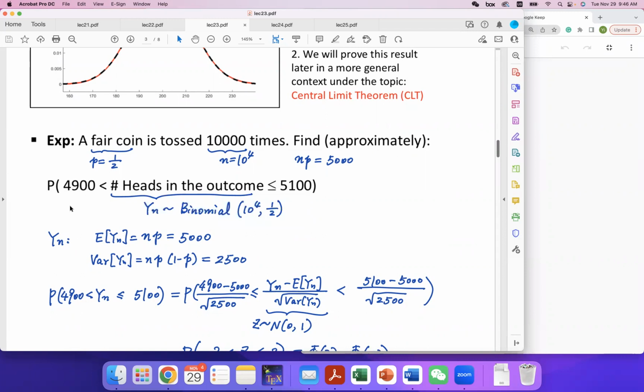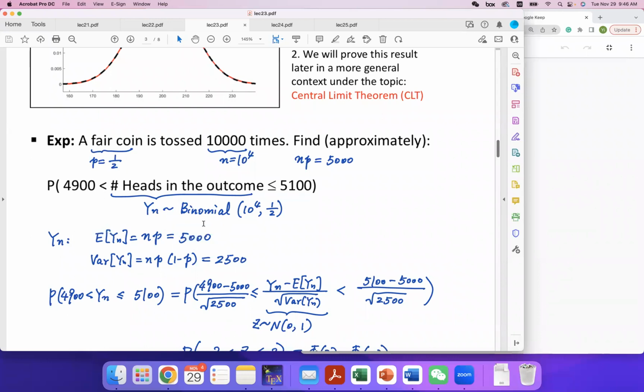So how do we characterize this using a Gaussian distribution? Well, for a Gaussian distribution, we need the mean and variance. That's basically the two statistics that we need. So here, we characterize the mean and variance of Yn. Because it's a binomial distribution, we know the mean is n times p, which is 5,000, right?